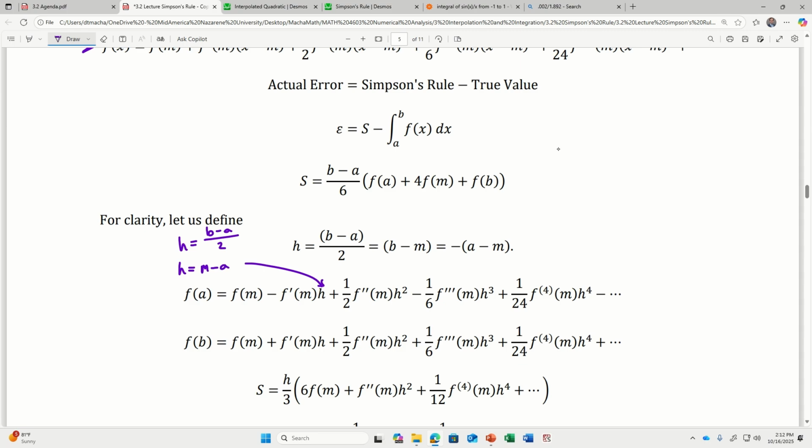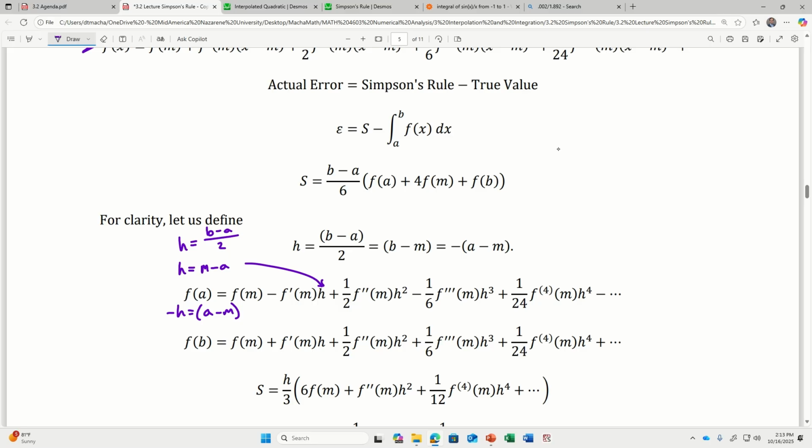And notice, because I have a little minus sign here instead of a plus sign, that's because what I would really normally see is a minus m here. As a Taylor series, you take your variable minus the midpoint, or the variable minus the place where your Taylor series is centered. But since h is the midpoint minus a, that's why I put in a minus sign instead of a plus sign. I also put in a plus sign for the even powers of h, because for an even power of h, two negatives make a positive, right?